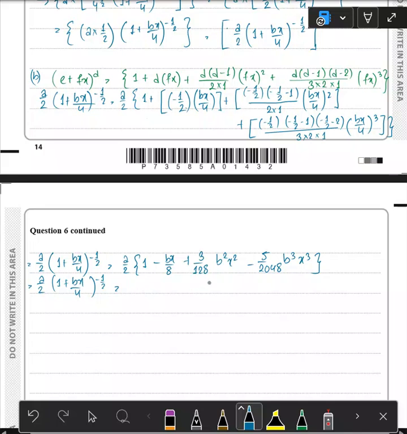Now in the next line, a by 2 times 1 plus bx by 4 to the power negative half, if I multiply the a by 2 with everything, this would be a by 2 multiplied by 1 is a by 2, negative a by 2 multiplied by bx by 8 is a bx by 16, plus a by 2 multiplied by 3 by 128 b square x square, so this is 3 a b square x square by 256, minus 5 by 2048, if I multiplied it by 2, a b cube x cube.